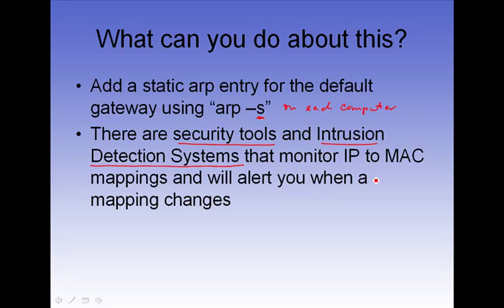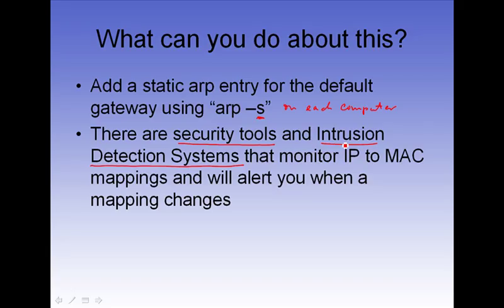So basically you need to start with some sort of database, or in the case of IDSs, they actually learn as they go. Basically all these tools need to be listening somewhere they can see all the traffic.